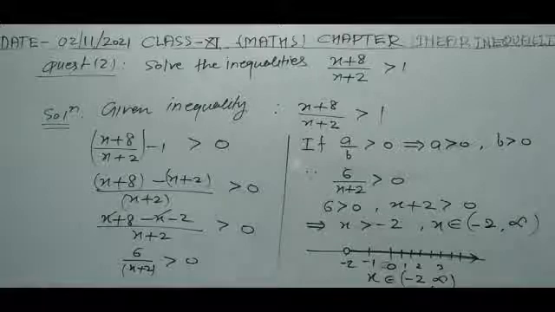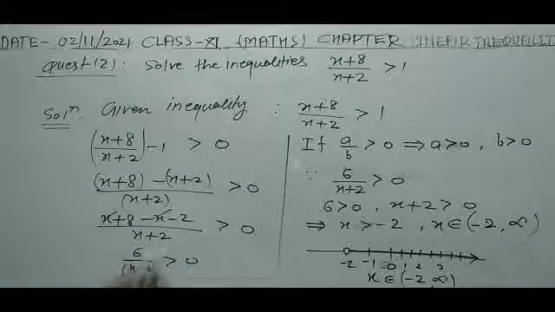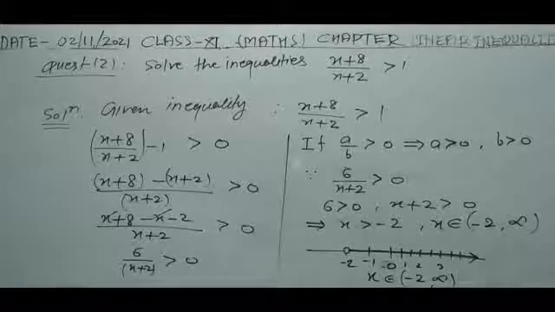So the solution set is x is greater than minus 2, so minus 2 to infinity, we can write the solution set. And when you represent on the number line, the result you will get is minus 2 to infinity, and x belongs to minus 2 to infinity in open interval. So now this is completed.